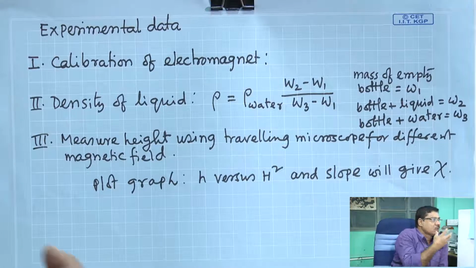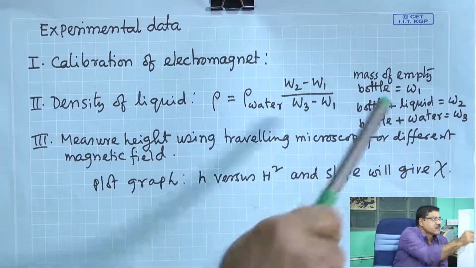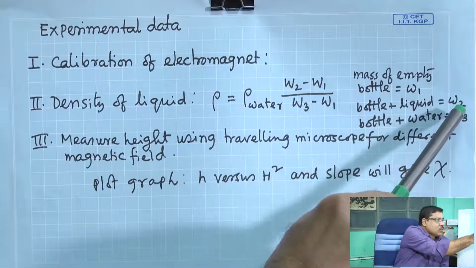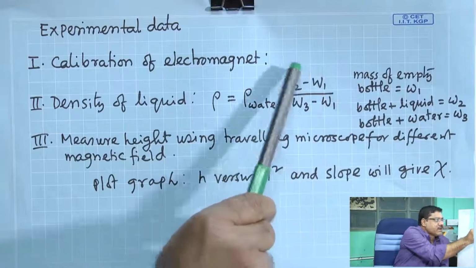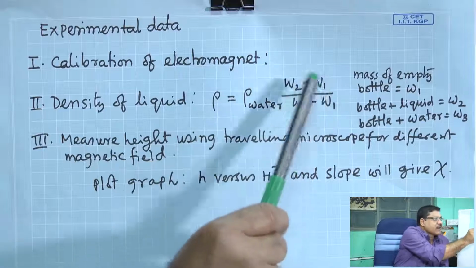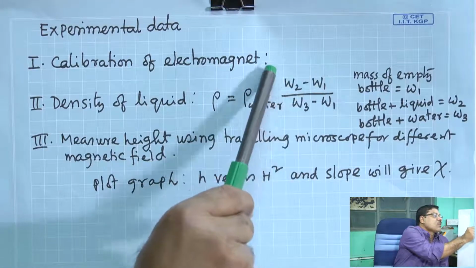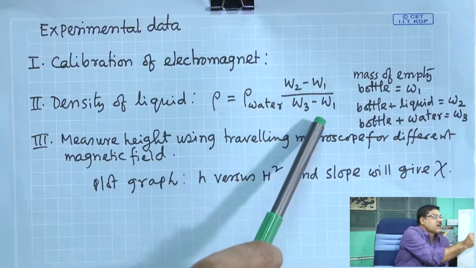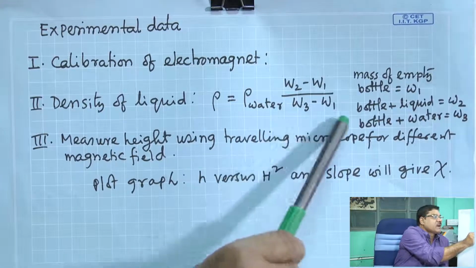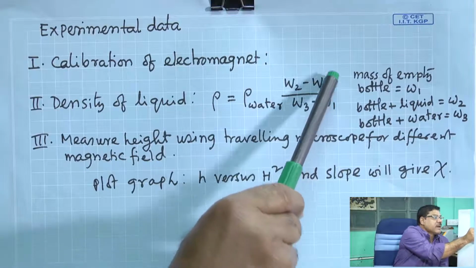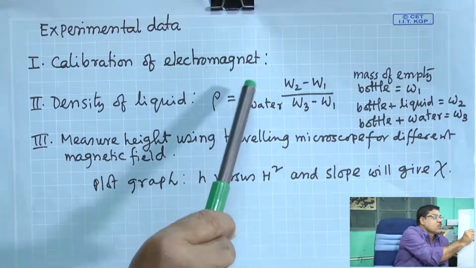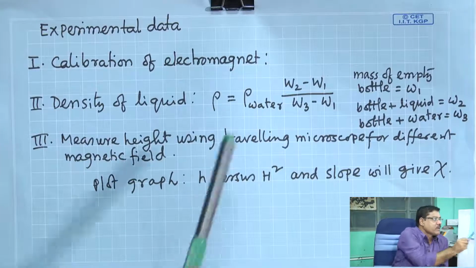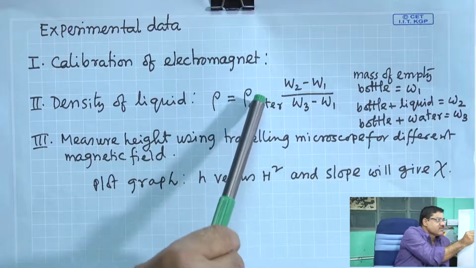So we get the weight of the liquid divided by the weight of the water, times rho water, meaning the density of water.